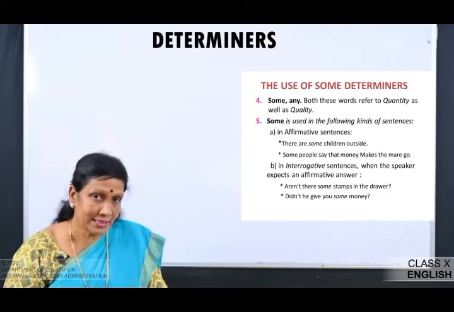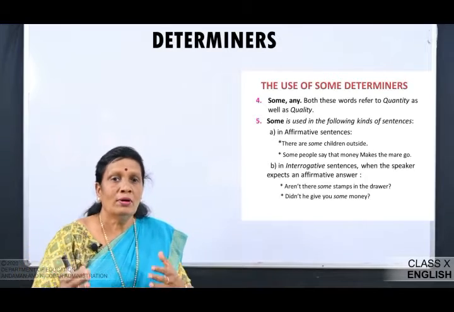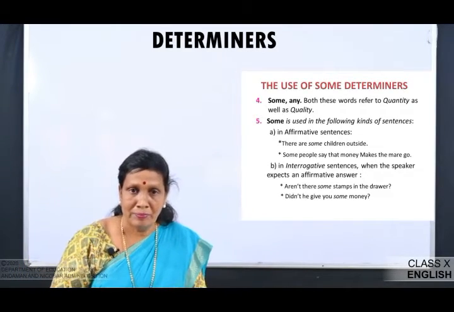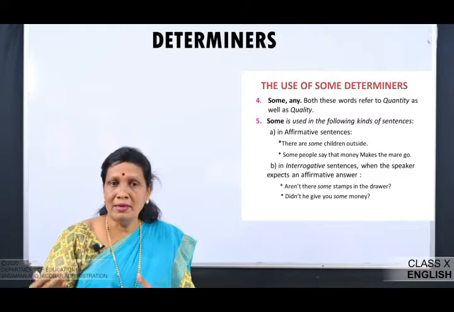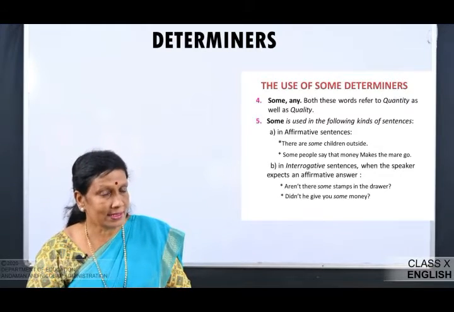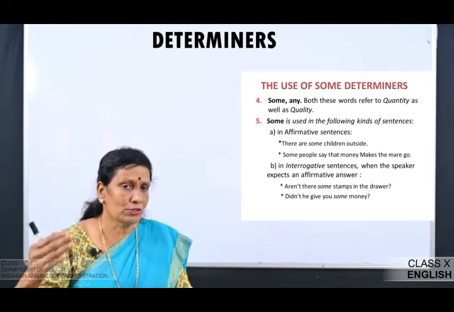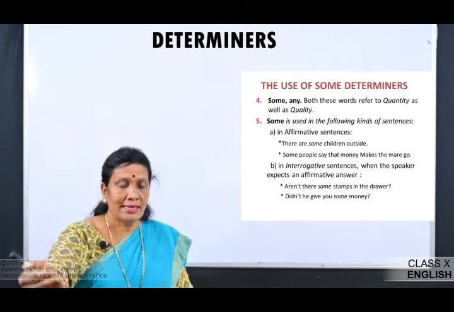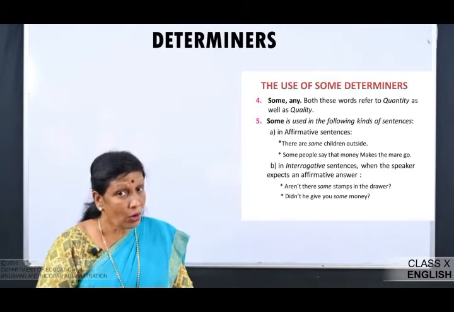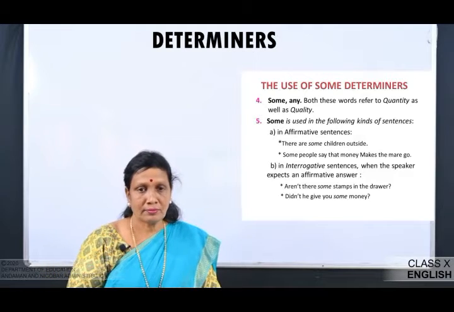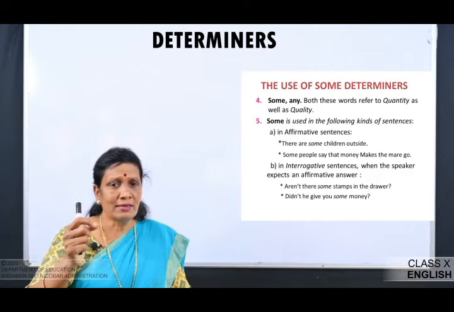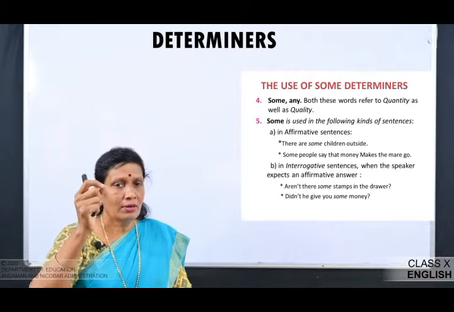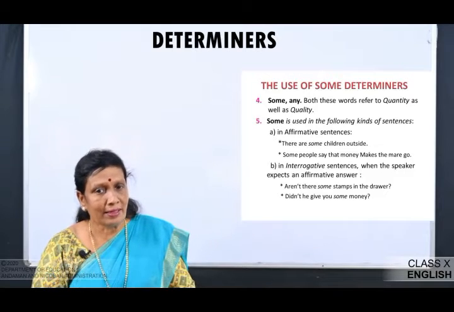Yes, he did. So, some or any, we use them in affirmative sentences. We'll be looking at more use of some in the examples that we are going to look at now. Now, you might have seen the use of some and any.